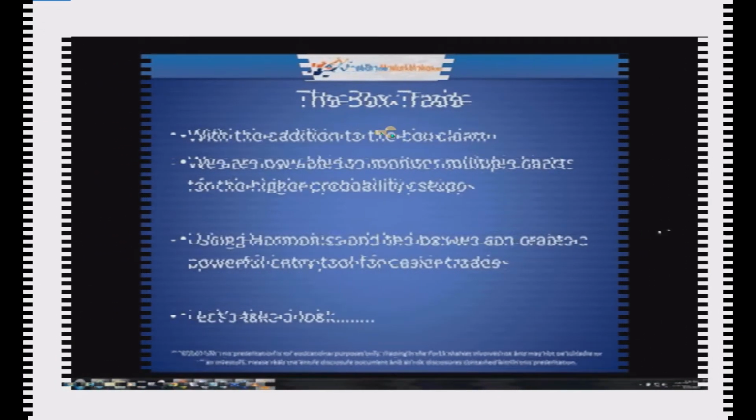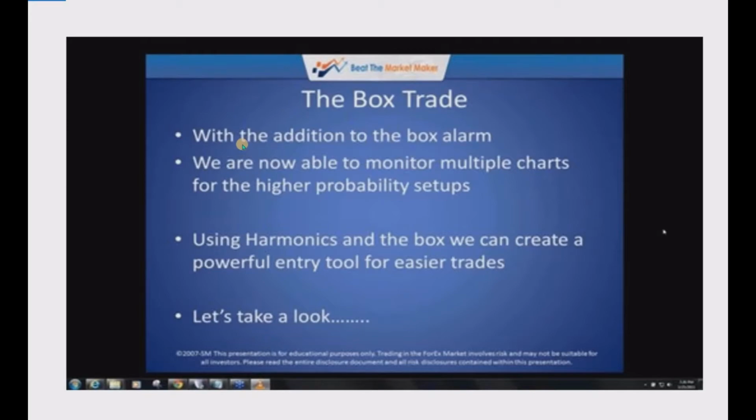So we go to this other slide, and this is so simple. It's nothing hard, and the box trade. So with an additional box, there is an indicator in there. I don't use it, just for certain areas you could look for alarms and stuff like that.